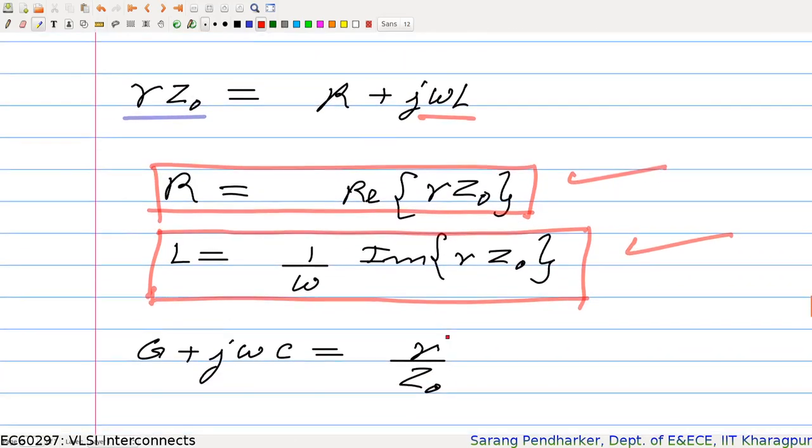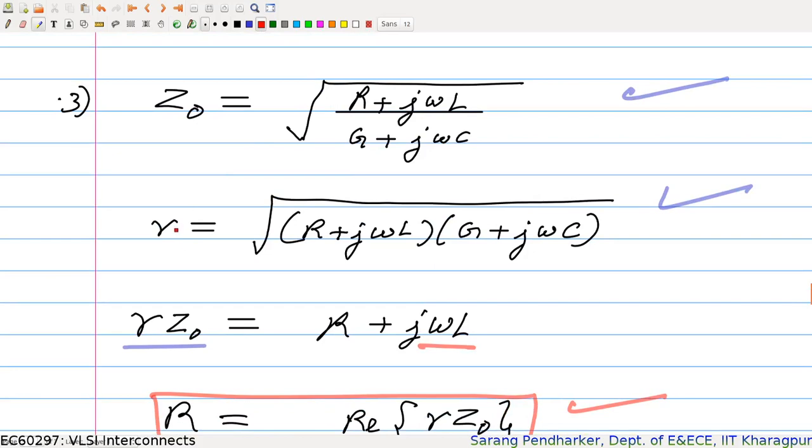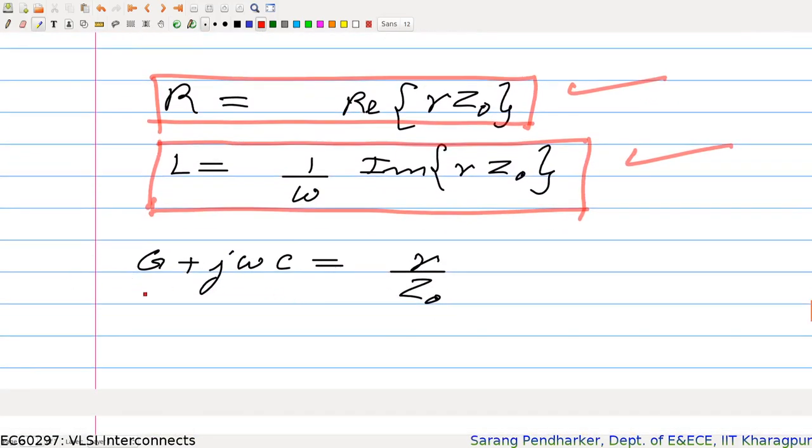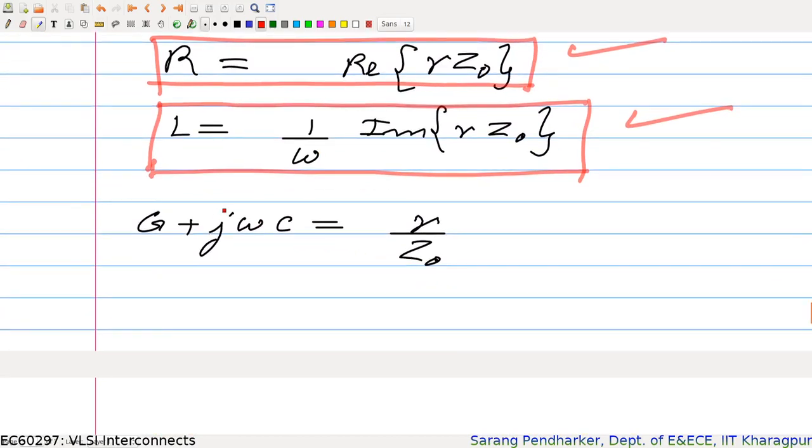Similarly, I can take the ratio of these two. So if I do γ by Z0, I get G plus jωC.